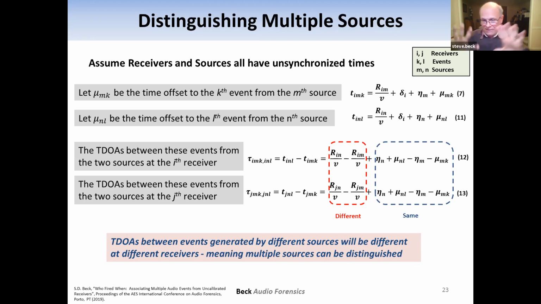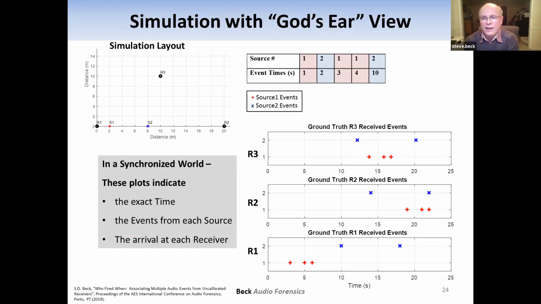So I gave you all the theory, and hopefully I didn't scare anybody. So first of all, I'm going to give you a simulated example of what that all means. I've set up a simulation layout in the upper left. I've got three receivers, R1, R2, and R3, and two sources, S1 and S2.